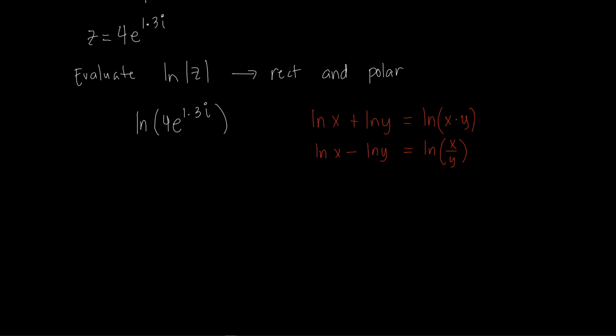Recall lang ninyo sa inyong trigonometry, di na siya pwede kalimtan. Kung makita ninyo diri, naa tay ln of 4 times e to the power of 1.3i. So, pwede na nato siya himuon og ln of 4 plus ln of e raised to the power of 1.3i.